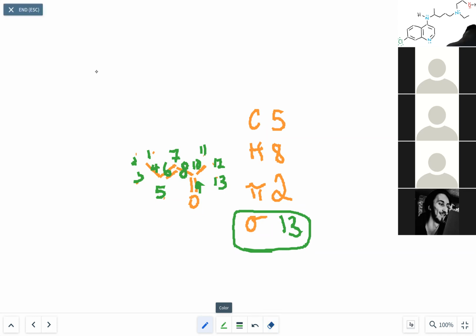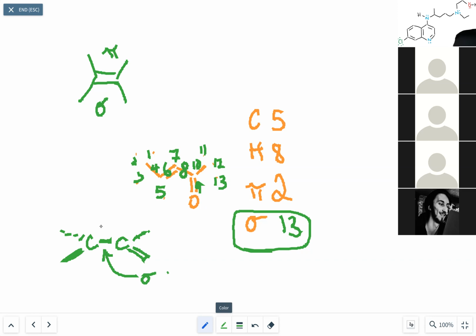Right, if you've got a double bond, it's made up of a pi bond and a sigma bond. If you have, say, 2 carbon atoms here, the bond in the plane is the sigma bond, and then the orbitals make the overlap above and the overlap below, that is the pi bond.